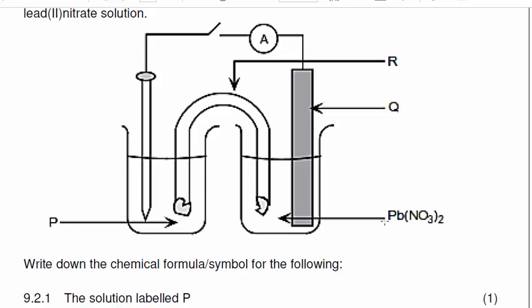Now, what I want you to notice here is, let's first see what is the solution in P. What is the solution in P? It must be a solution. So in other words, it must be a lead nitrate, for example.